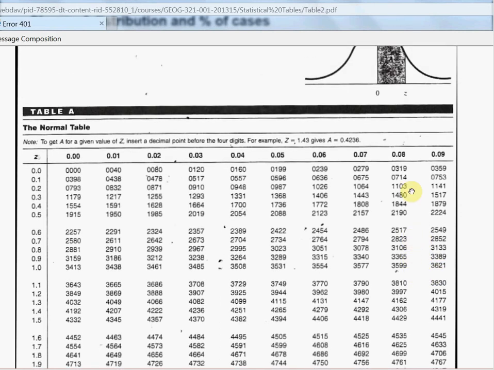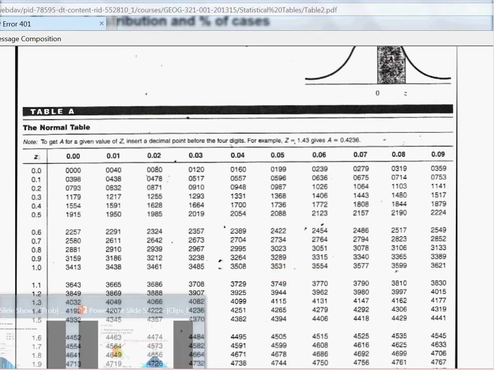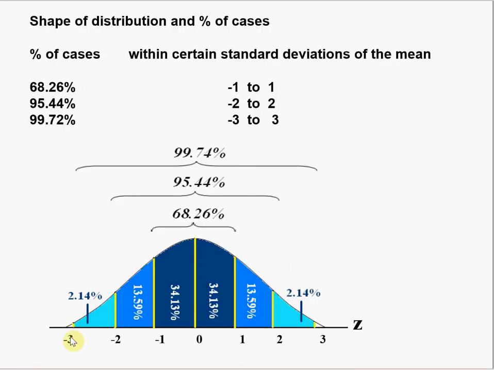That is, if this z-score is 1.09, the size of this slice should be 36.21%. Okay, so this normal distribution table is much more useful than this chart.